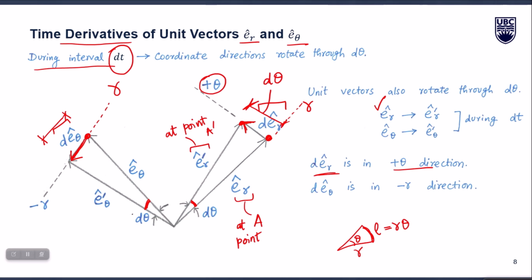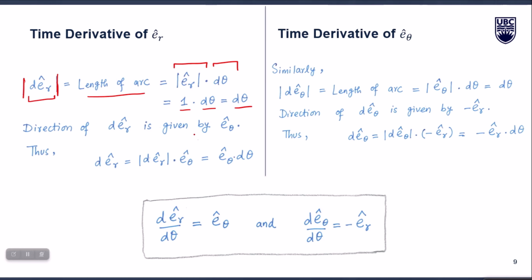So now I can simply write the dE sub r vector as a product of its magnitude and its direction. We have just seen that the direction of this dE sub r is in the positive theta direction, so it will be multiplied by the E sub theta and the magnitude will be what we have determined earlier.